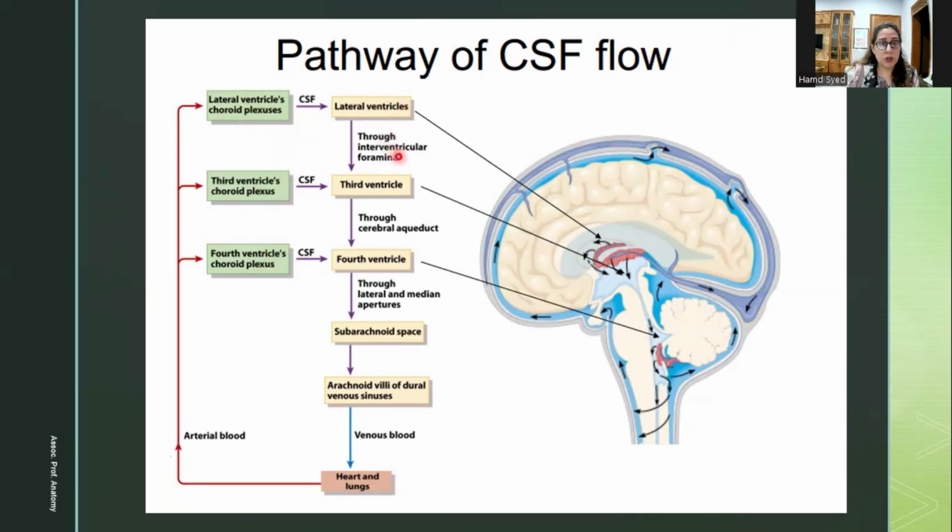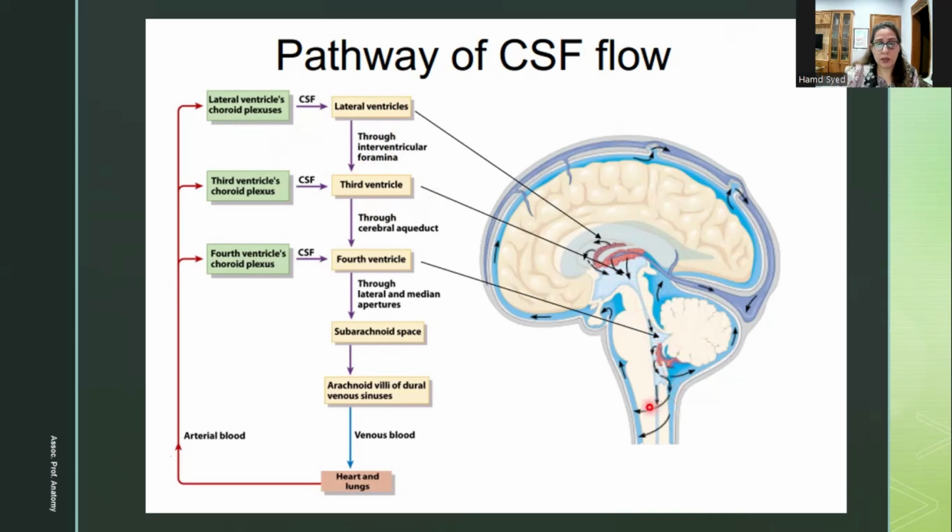Then through the interventricular foramina, the CSF enters the third ventricle, and then through the cerebral aqueduct of Sylvius, the fluid is going to enter the fourth ventricle. And from here, through the lateral and median apertures, it is drained into the subarachnoid space.